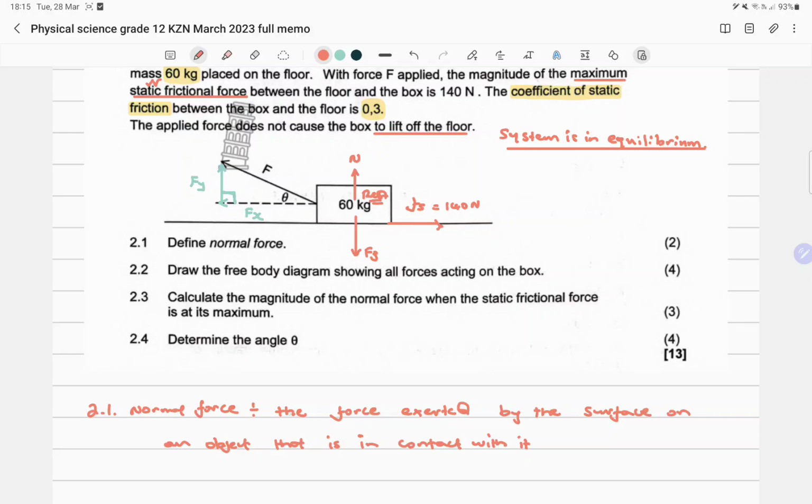Let's just read again. It is the force exerted by the surface on an object that is in contact with it, such that the force is acting perpendicular to the surface. Can I say that? Because that perpendicular part has to come out, okay?